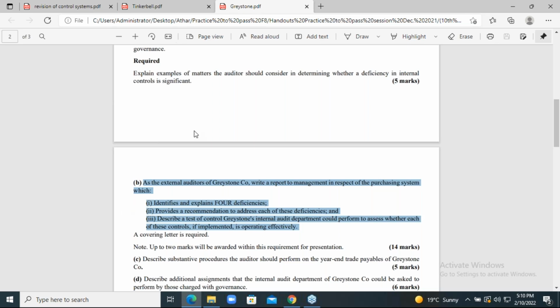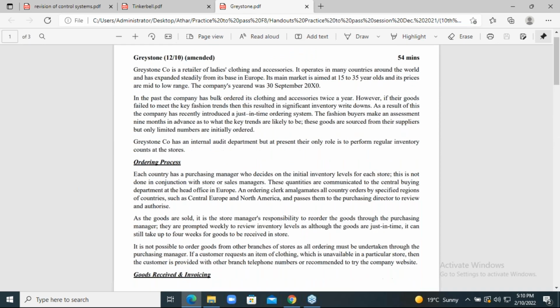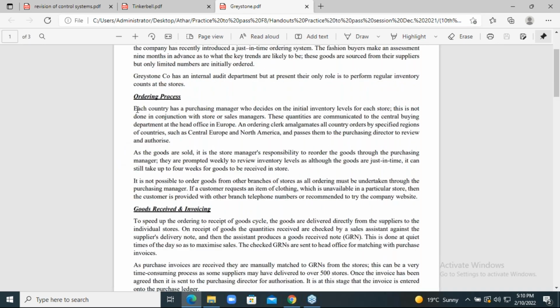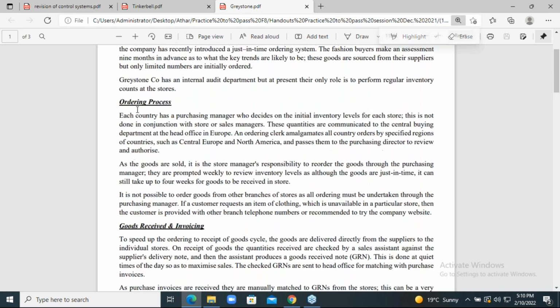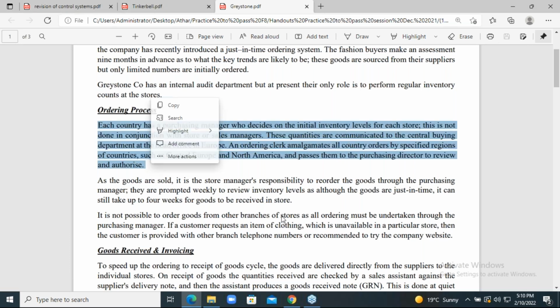So let's go back to the data. This is the data, and you can see this paragraph. If you read it, each country has a purchasing manager who decides on the initial inventory levels for each store.